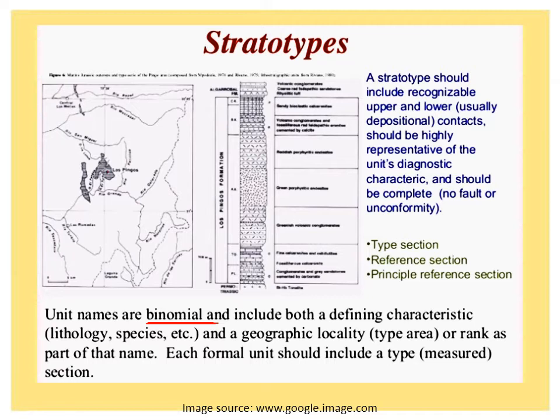in the older literature you may find some type sections or litho units named as X sandstone, for example Dakota sandstone. So Dakota is the place name where that sand body is exposed, and sandstone is the litho unit.